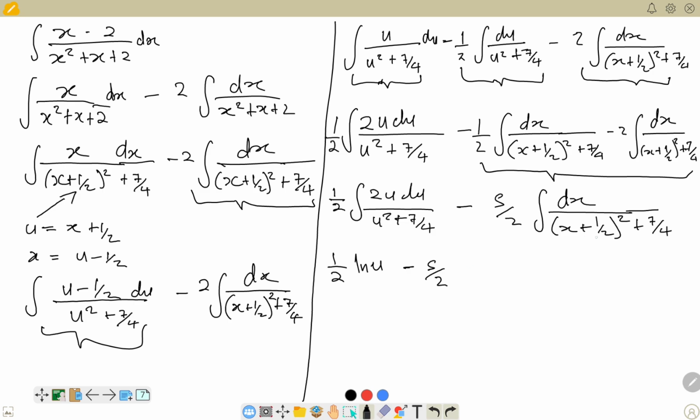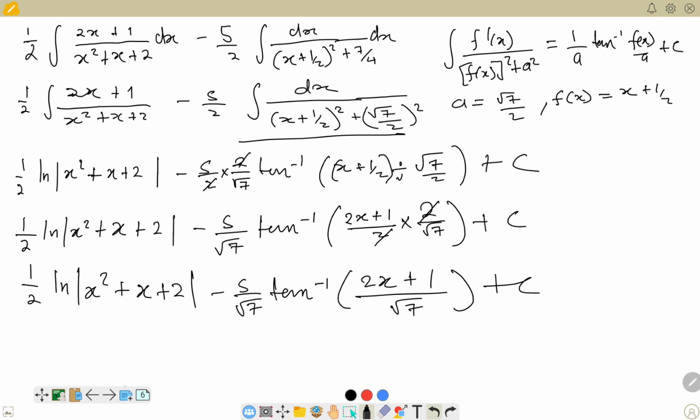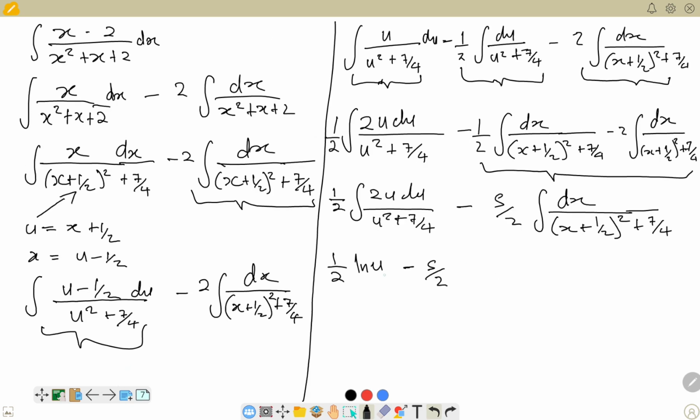Then this one we have already found its integral this side, which is going to be 2 over square root of 7 arctan of 2x plus 1 over the square root of 7. We have already solved this.